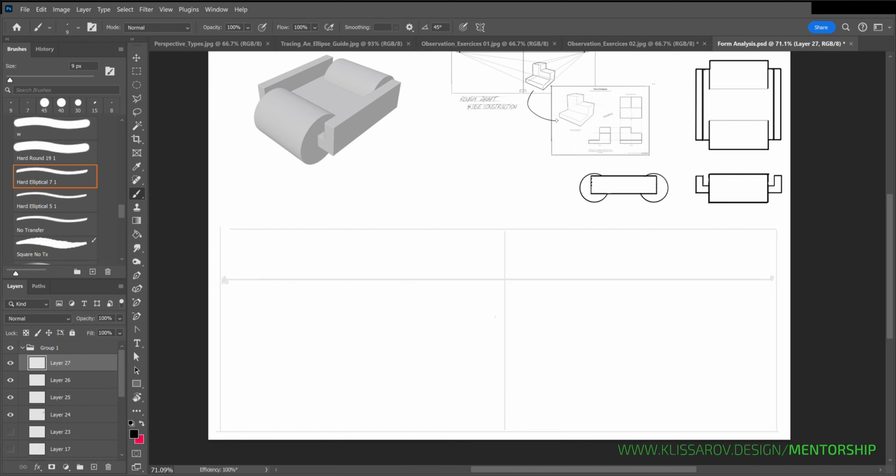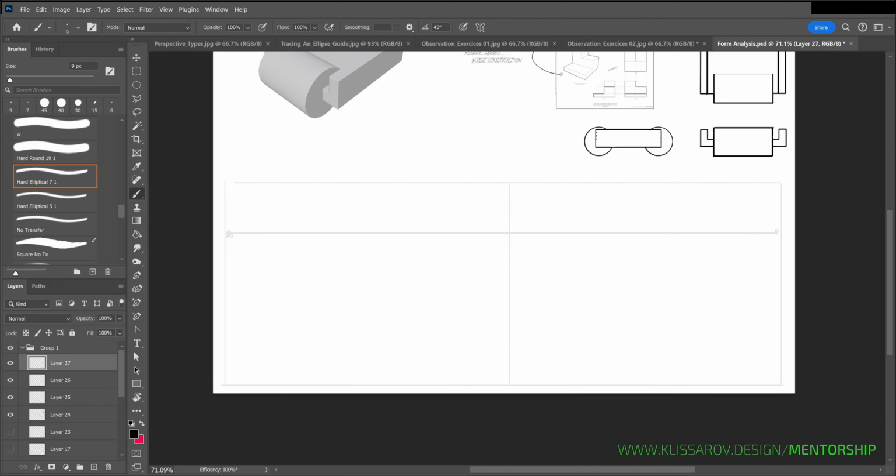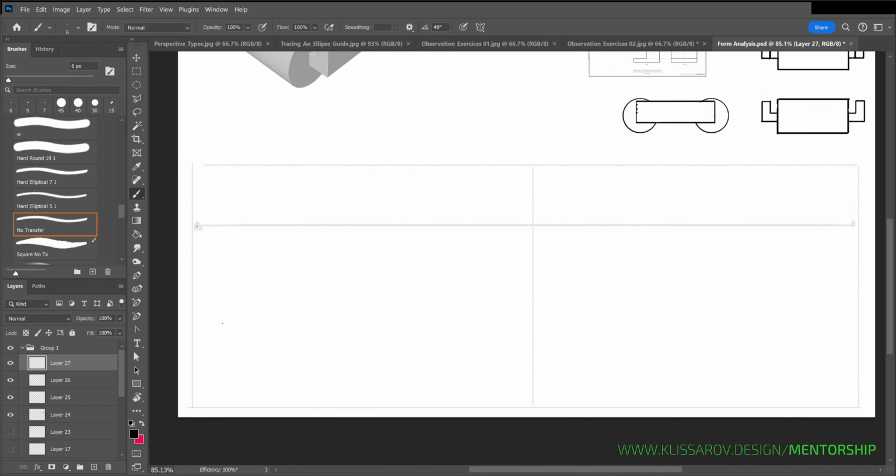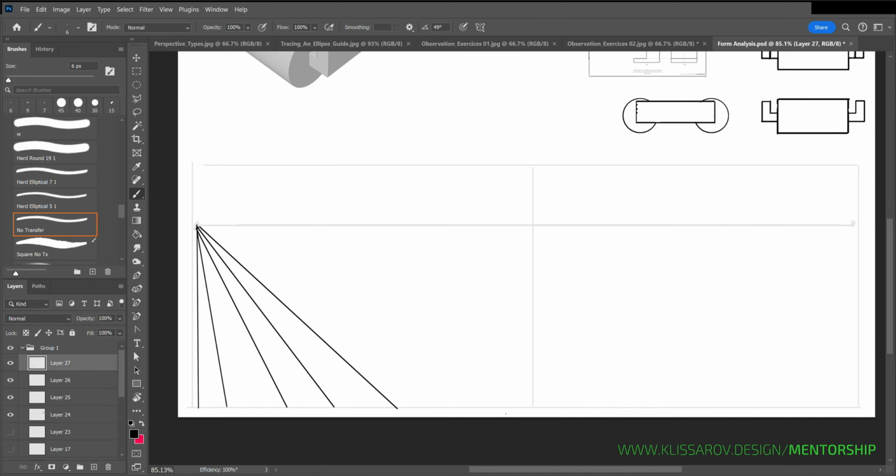What I do afterwards is create a lot of lines. Generally I have perspective guides that I have already built if I need them, but for students that don't have them, it's important that you work them out like that.